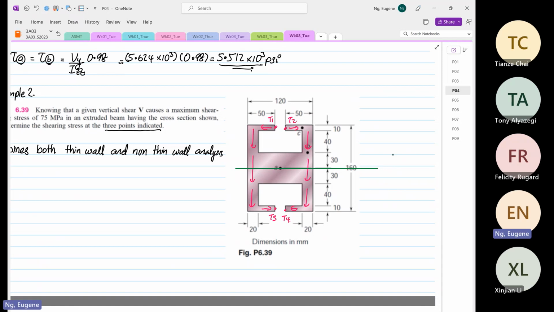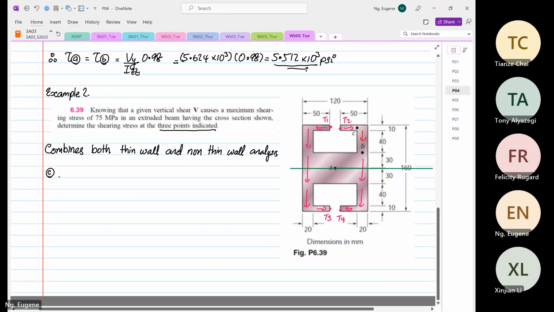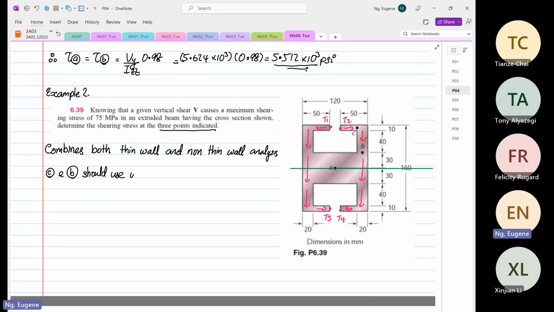So point C and point B, if you look at over here, you can see that point C and point B should use wide flange, thin wall analysis, where you only have a single Q, right?